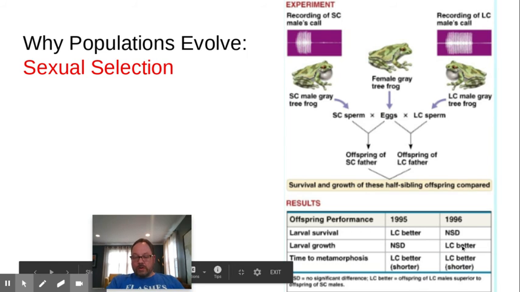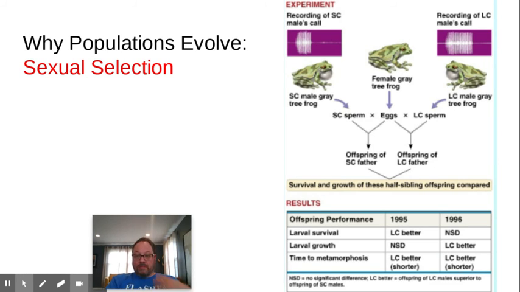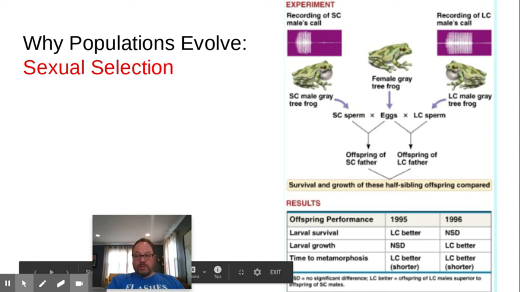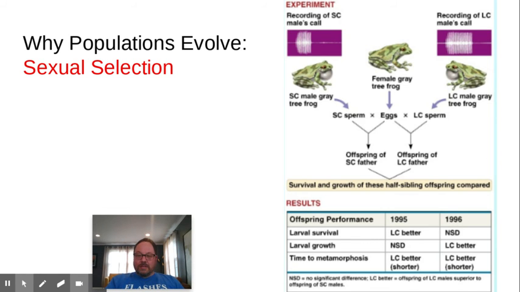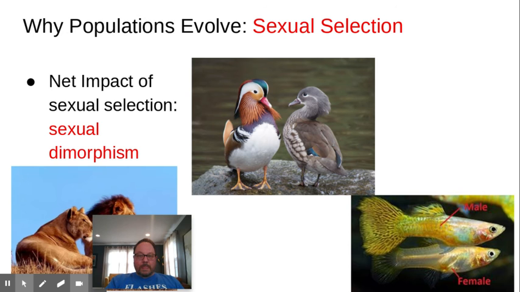LC stands for long call, and SD is no significant difference. But the idea is long call frogs tend to have greater reproductive success. So females tend to prefer males that have these longer calls. The downside of that is echolocation, right? If you produce that long call, not only is it easier for female frogs to find you, it's also easier for predators. So, it's the give and take of that.